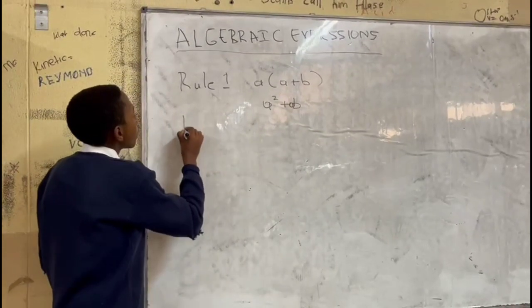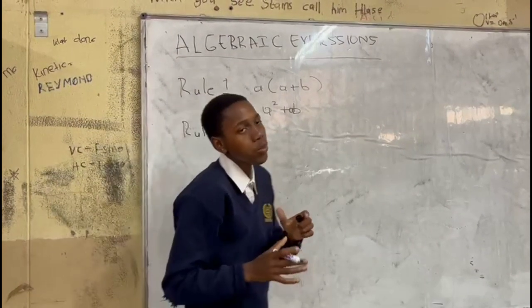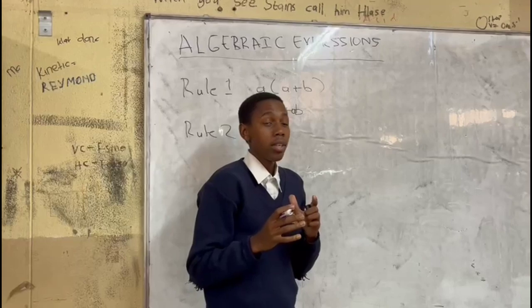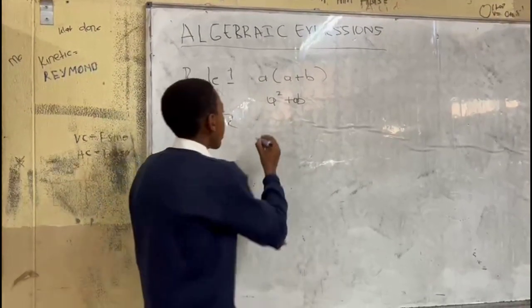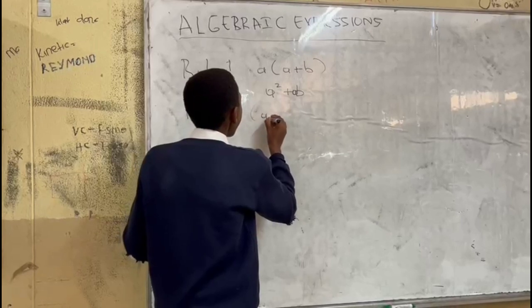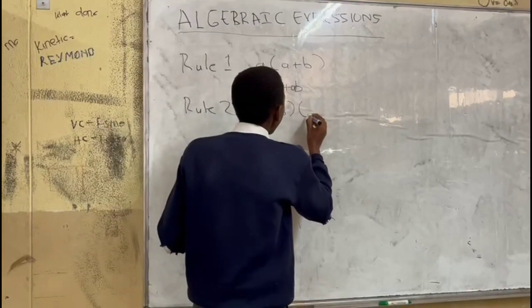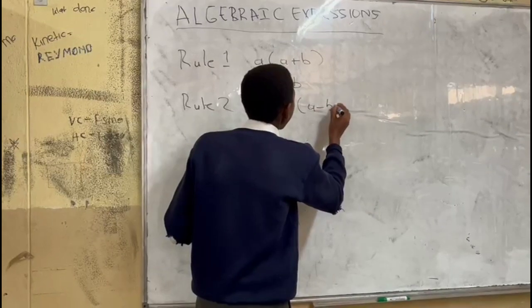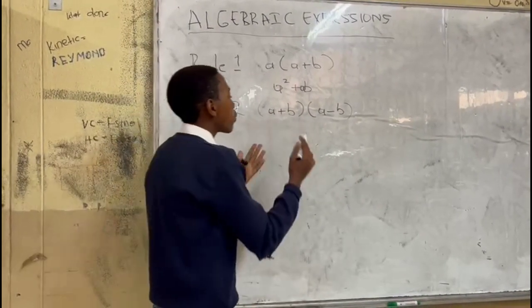Then we go to rule number 2. So rule number 2 is actually simple because we're doing the very same thing, but now we're expanding. Like we're going to say (a + b)(a - b). So we need to simplify it. How can we simplify it?